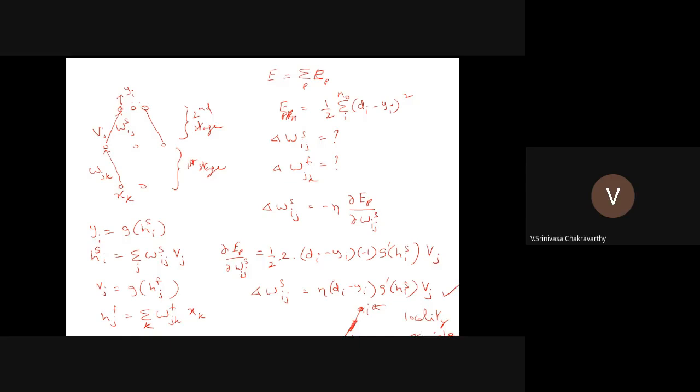Only the error at the ith output neuron depends on Wij of s, because this weight doesn't show up in the error for other neurons. So when we differentiated this entire expression with respect to this weight, only the di minus yi term shows up. Therefore, we had only di minus yi. We didn't have the entire summation over i.